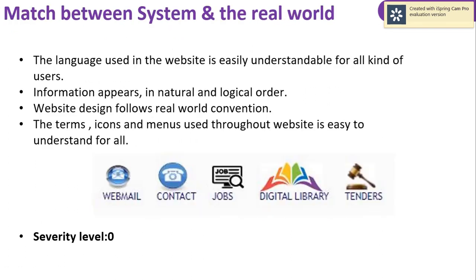Next we have the match between system and real world. In this point, our system should match the real world. It means that the terminology or language used in the interface should be easily understandable for the visitors. In this case, the language used in the University of Swabi website is easily understandable for all kinds of users, and the information appears in a natural and logical order.